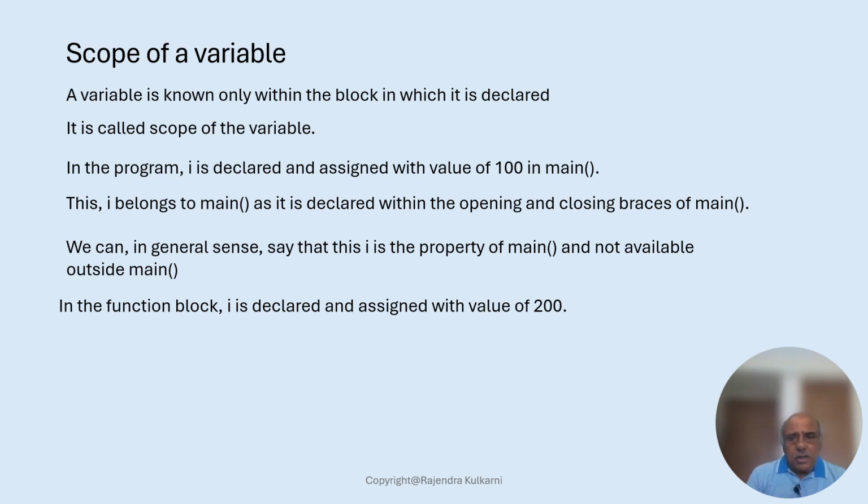In the function block, i is again declared as 200. Now the scope of variable says that this i belongs to the function, and since it is declared within the opening and closing braces of the function, it is only known to fun1 and not outside the function.